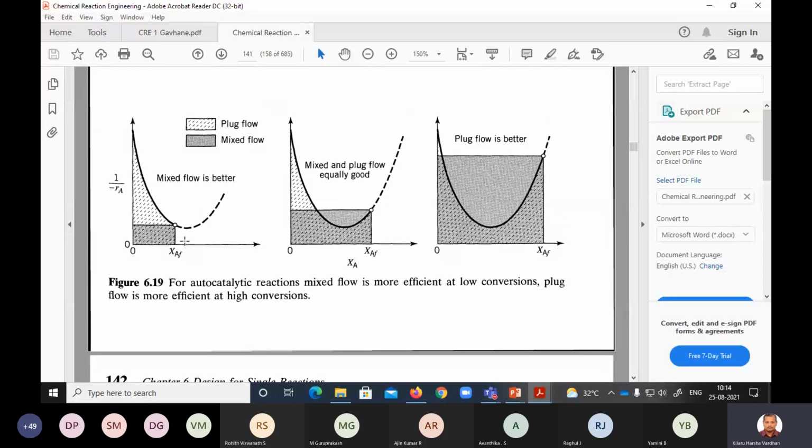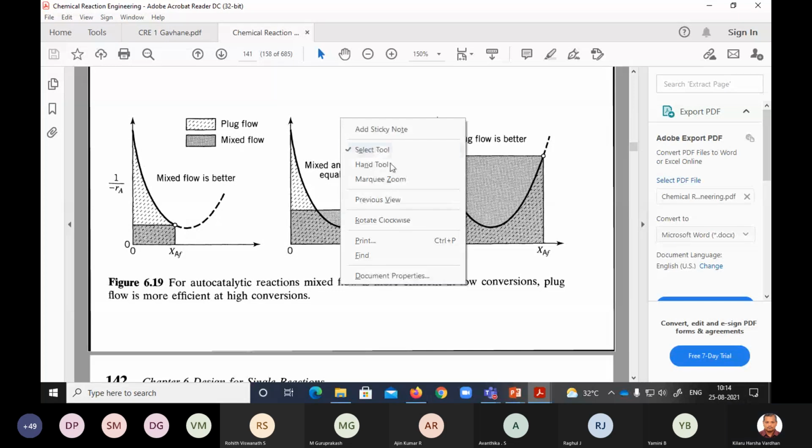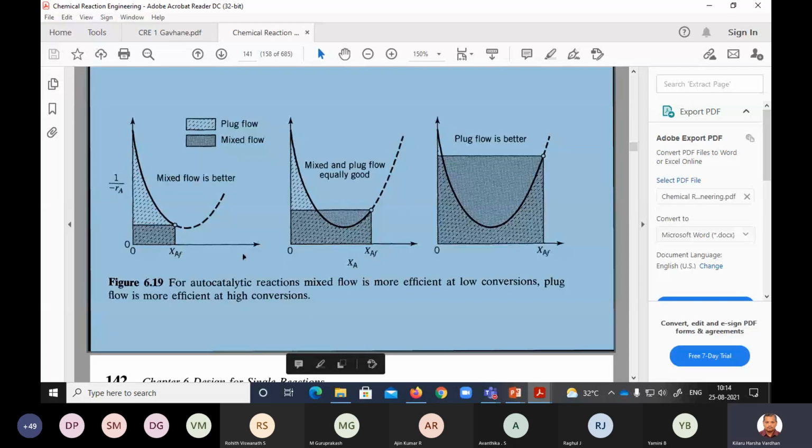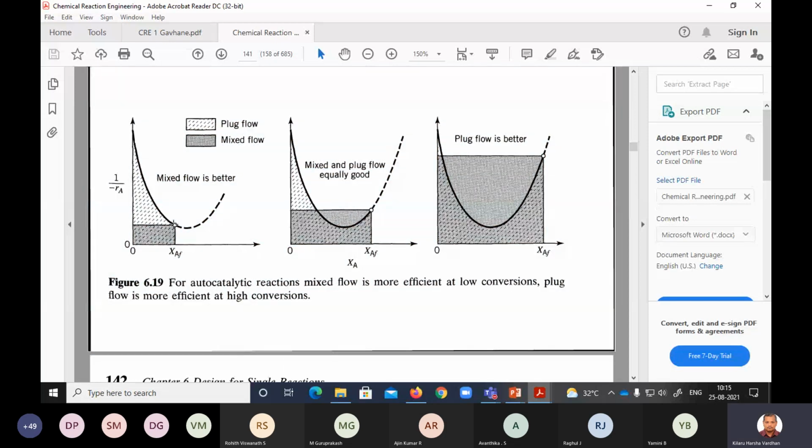Now, what is the best combination? Please listen carefully. Now, this is the curve, right? If I want my final conversion somewhere here, XAF, you want a combination here for your final conversion.